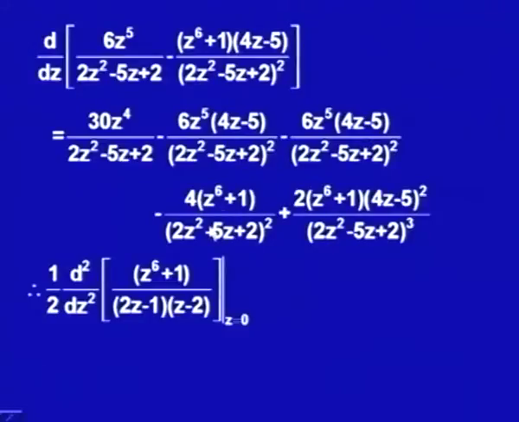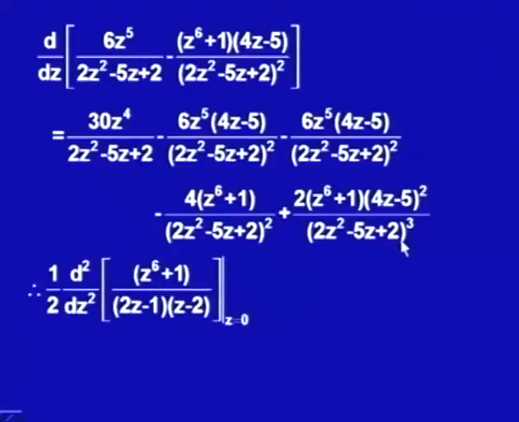When in the fourth expression we keep z is equal to 0, I would get 4 in the numerator. In the denominator, this is 0, this is 0, here is 2, 2 square is 4. So, we would get minus 4 upon 4, and the last expression, this is 2, here we would get 1, here we would get 5 square. So, 2 into 5 square, and the denominator is 2 to the power 3.